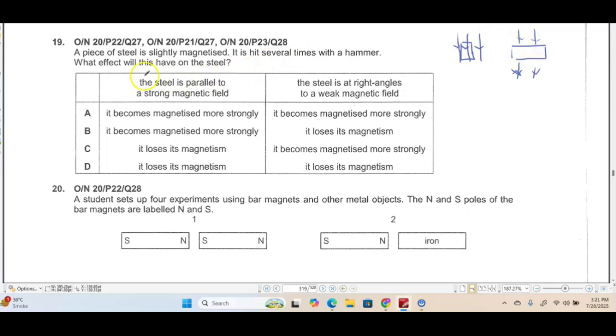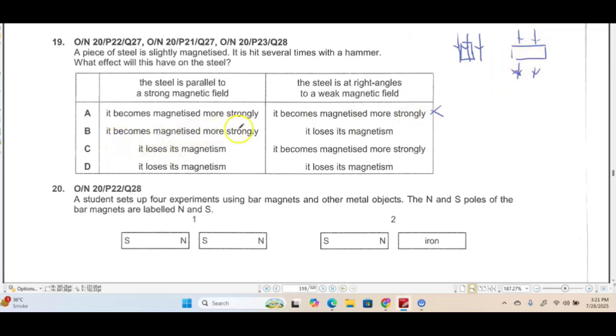So we'll look at the options. The steel is parallel to the strong magnetic field. If the steel is parallel to the strong magnetic field, it becomes magnetized more strongly. And the steel is at right angle to the magnetic field. This is the case. So it becomes magnetized more strongly? No, this position of the steel is going to demagnetize it.